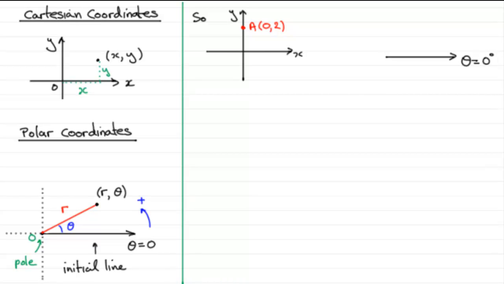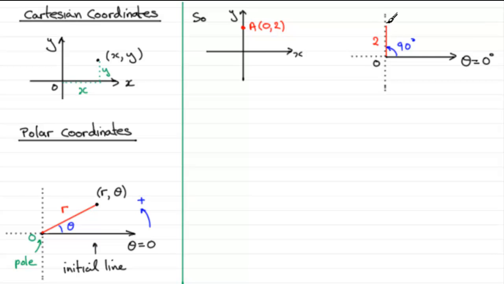We could put our dotted line in here for what is essentially the y-axis, and we could extend it back in that direction if you like, and we would label our pole as 0. Then the point A would be up here, this would be 2 units, and the angle in here would be 90 degrees, so just mark that in as 90 degrees.